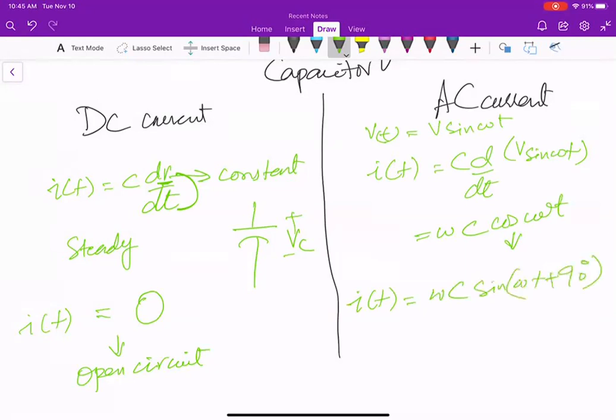That's why you are not seeing the capacitor pass zero current in the AC state, but it's blocking DC current in the DC state.